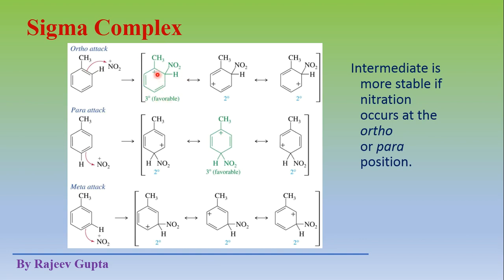See, in this position, which is the ipso position, this positive charge is in conjugation with these two pi bonds, and also it is in hyperconjugation with this methyl group. Also this methyl group shows a plus I effect.